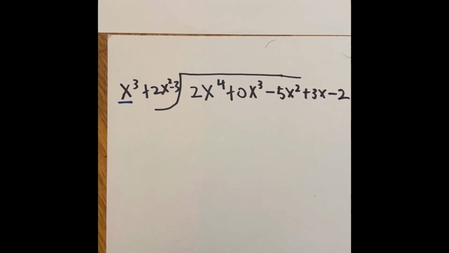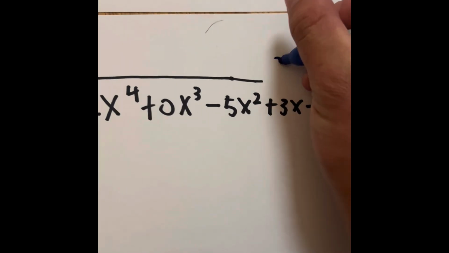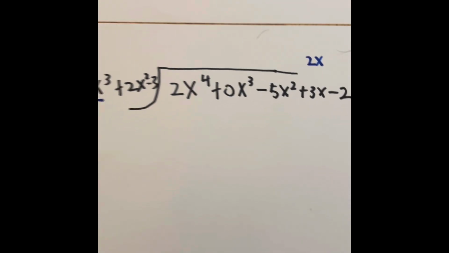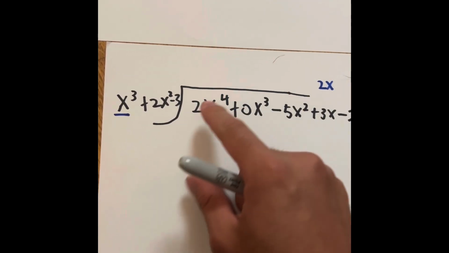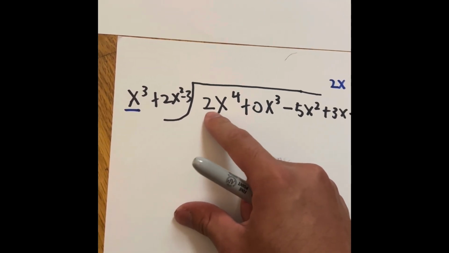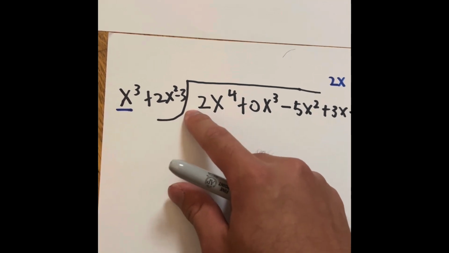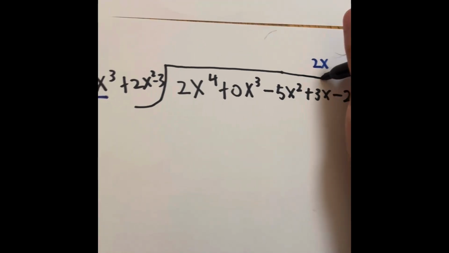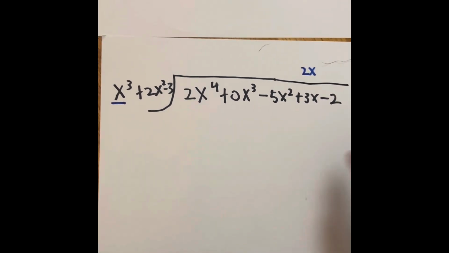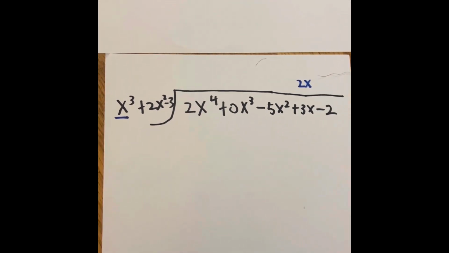Well, if I use a 2x right here, x to the power of 3 times 2x will bring me to 2x to the power of 4. Let me increase the line right there. So 2x is going to work for that.